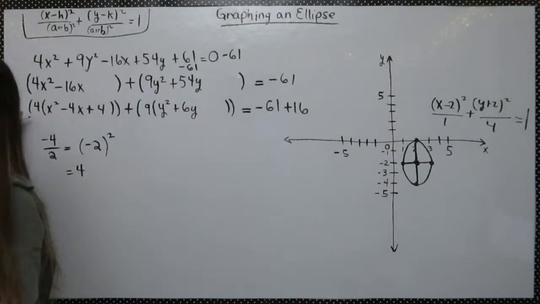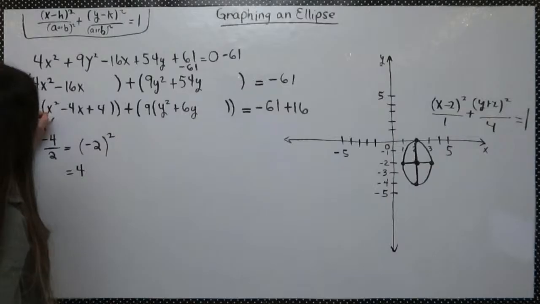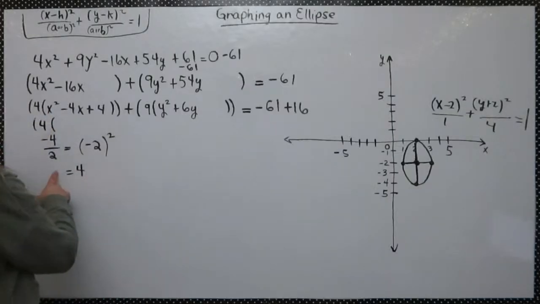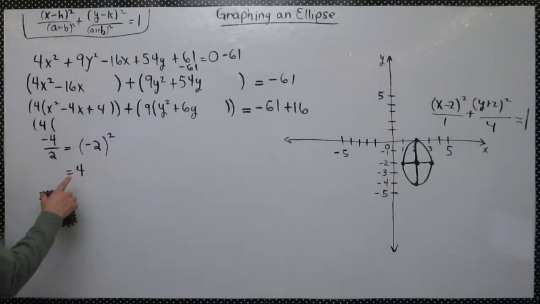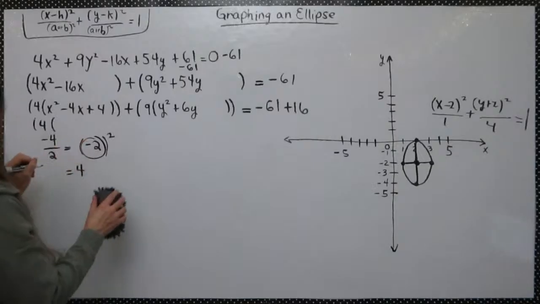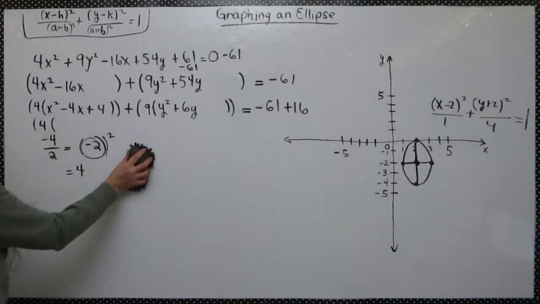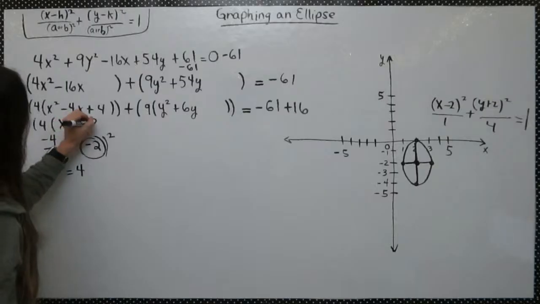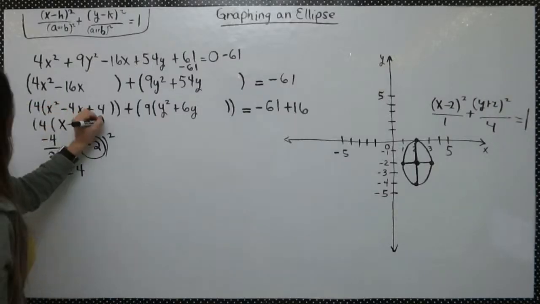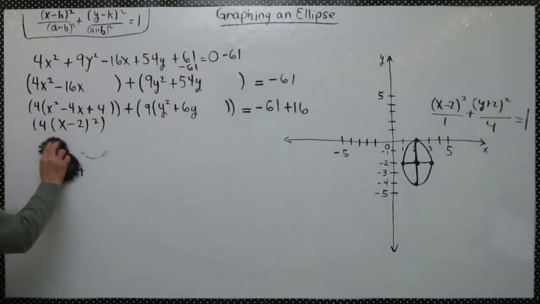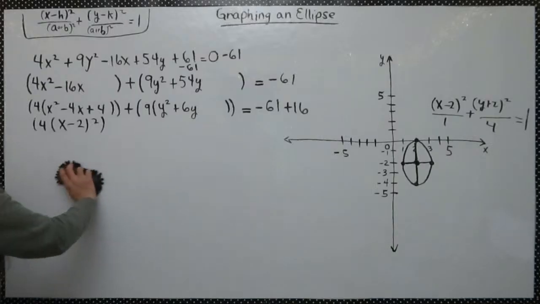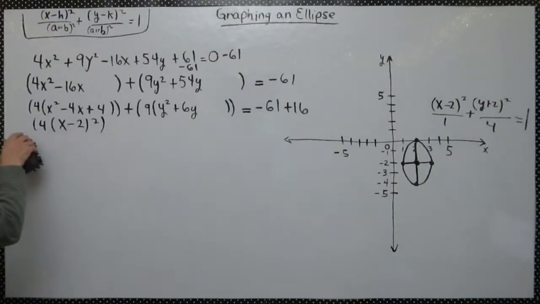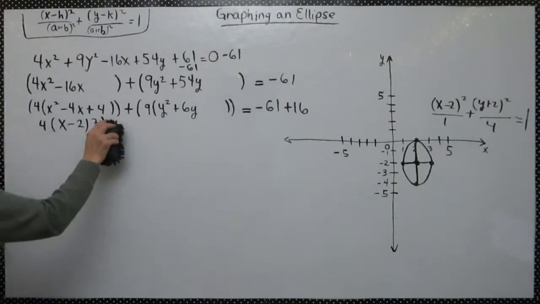Not quite. All right, so we've got 4 times, and I'm going to go ahead and erase this right here. But I'm going to remember this -2 because that's what I'm going to write in here. We're going to say x minus 2 quantity squared. And we're just going to remember that that parentheses was there, and we can remove the outer parentheses.